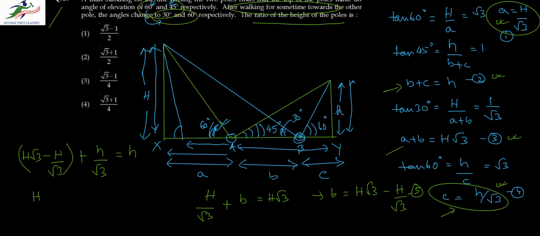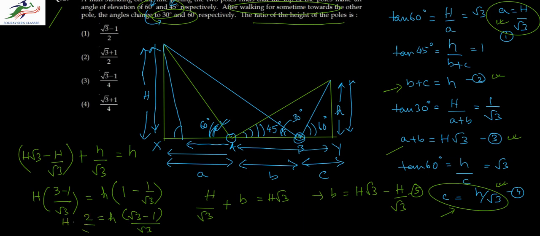So I can write this as H into 3 minus 1 by root 3 is equal to small h into 1 minus 1 by root 3, which is equal to small h into root 3 minus 1 over root 3, and this is equal to capital H into 2 by root 3.